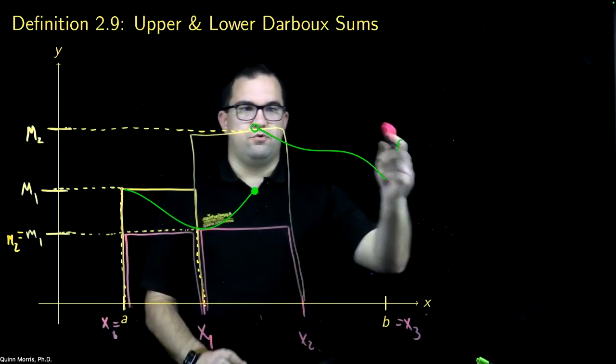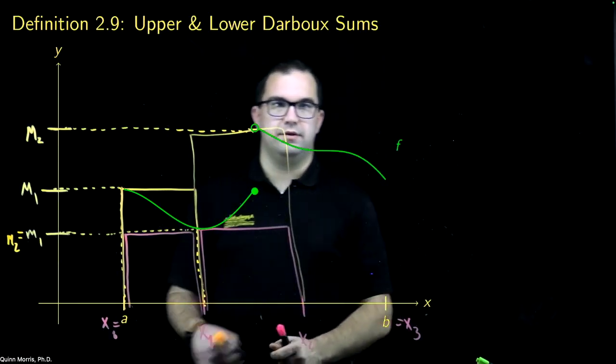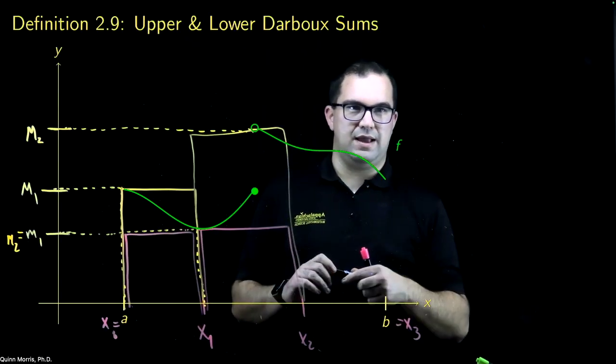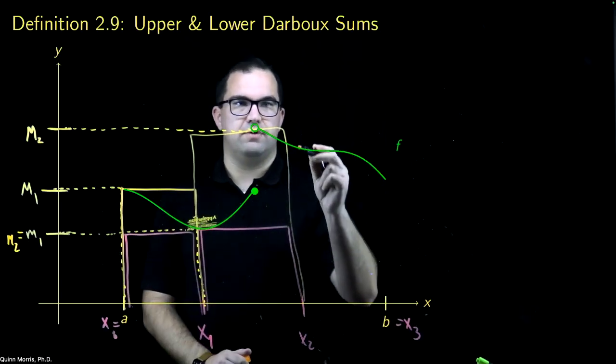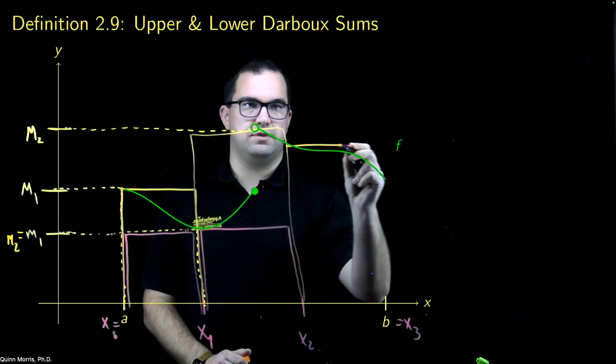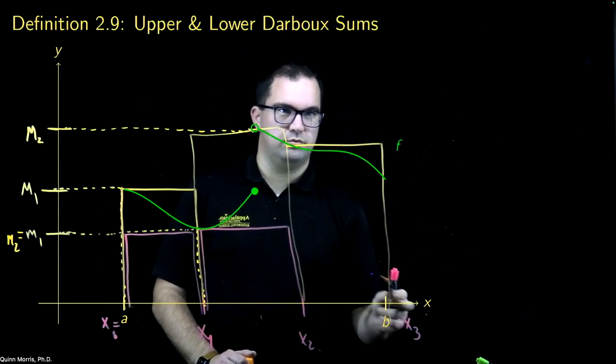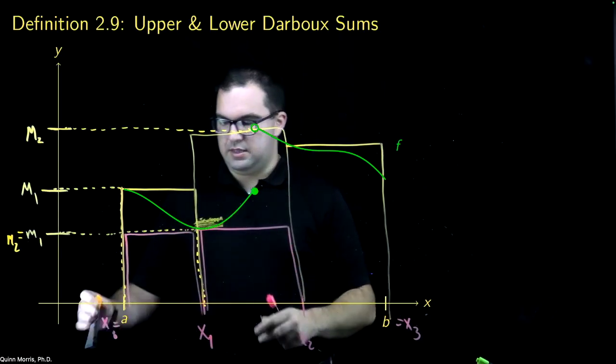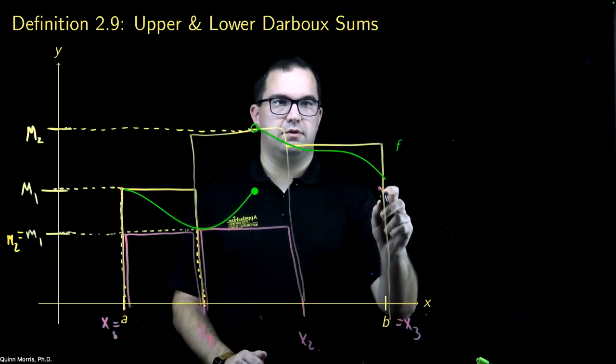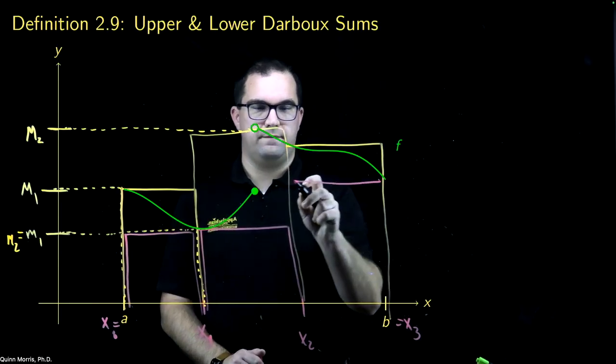And then, of course, I could continue on and do this last one. Without labeling everything and belaboring this, I would get an upper sum that would look something like this. Ooh, very squeaky. And a lower sum that would look something like this.